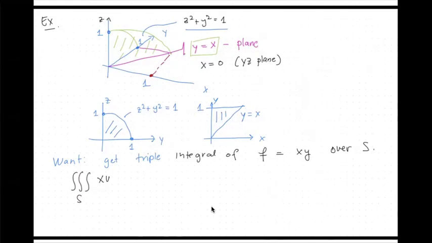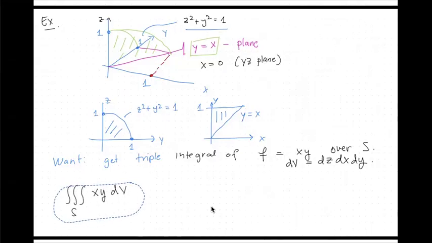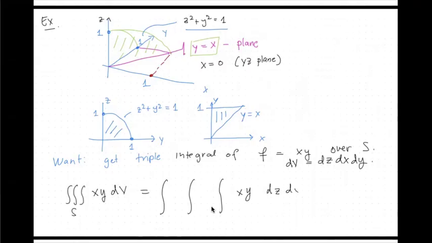Just put xy for f and then dV. Of course, we will specify dV. So dV here is dz dx dy. Of course, you can use dy dx. Here, we will just use dx dy. So we will express this as an iterated integral, xy dz dx dy.